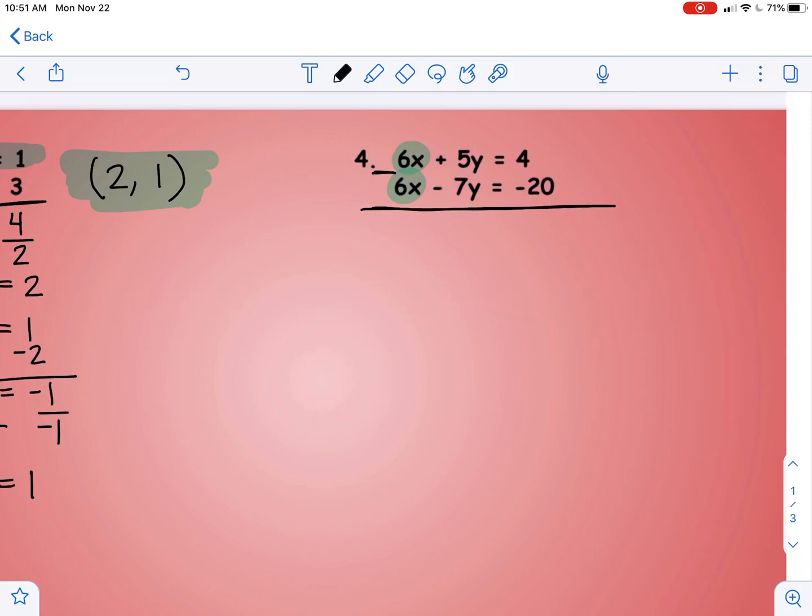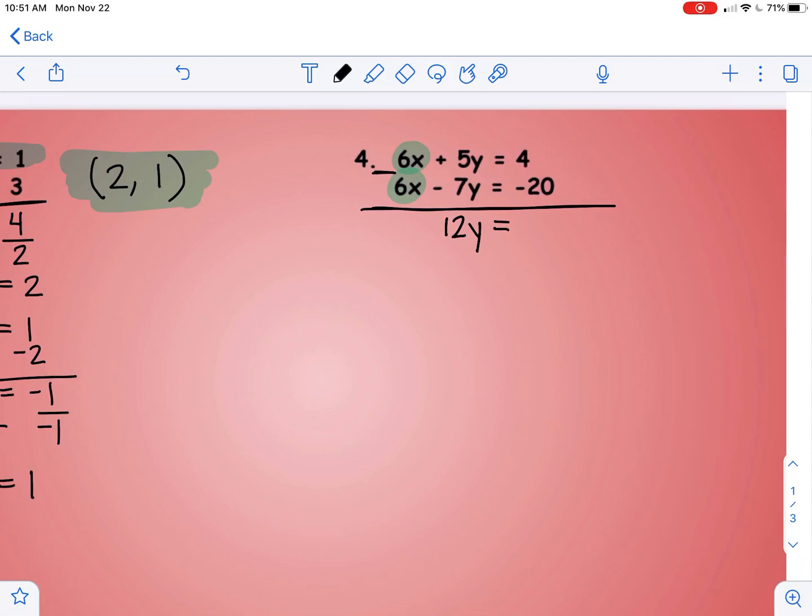So here, I've got 6x minus 6x, which is 0, 5 minus negative 7y, which minus negative 7 is going to actually give me plus positive 7. So I'm going to get 12y.